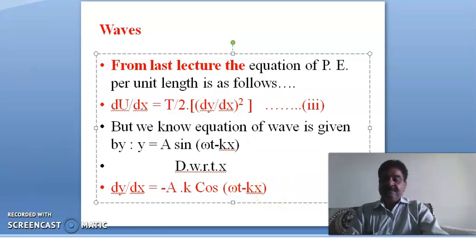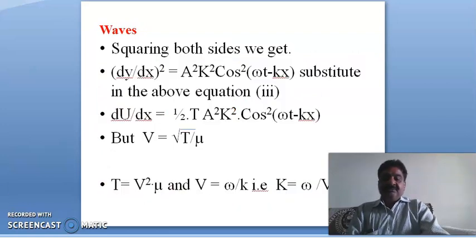Are you agree? Then squaring both sides we obtain dy by dx whole square is equal to a square k square cos square(omega t minus kx). I mean here negative sign we have not taken because it becomes positive. Square of every number is positive.